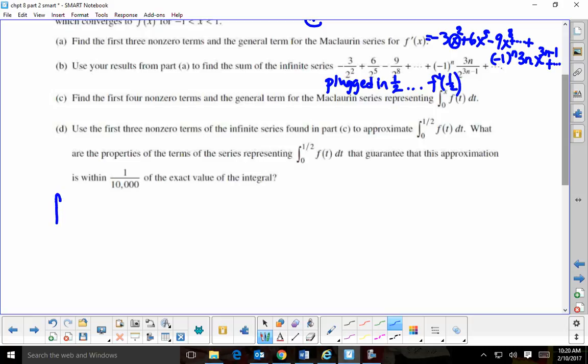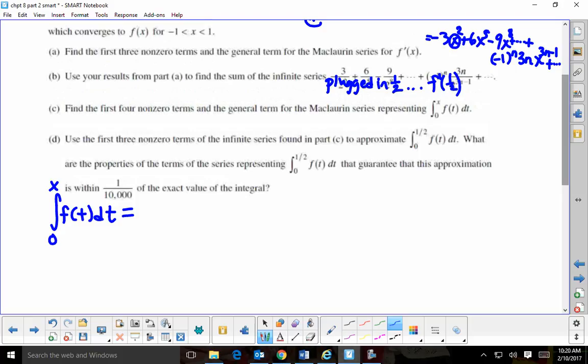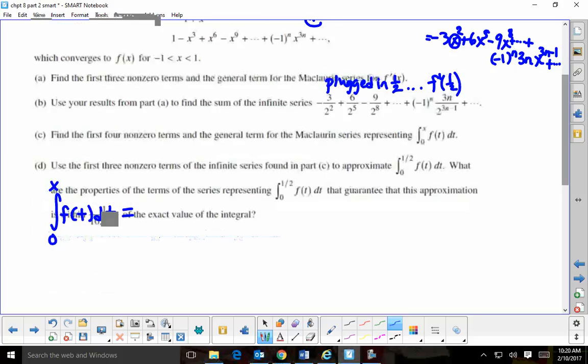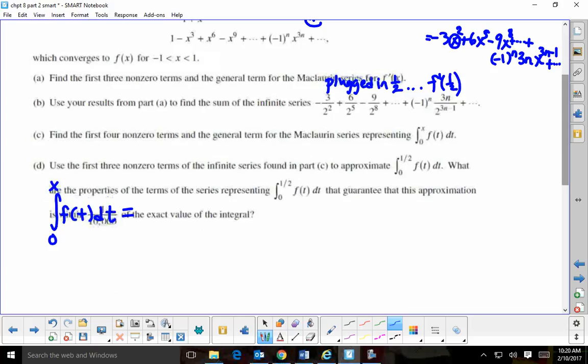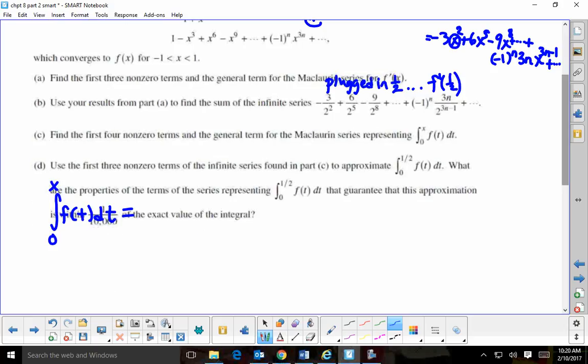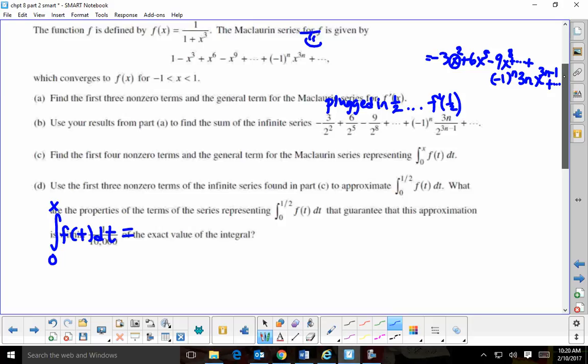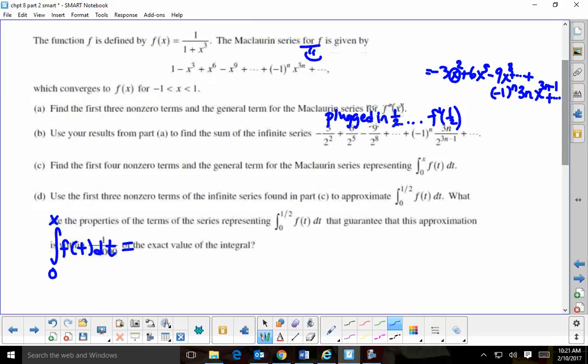So the integral from 0 to x of f of t dt is going to equal, and remember, if we're integrating or deriving and we're given term by term, it's easier to go term by term. But they're plugging in what instead of x's? They're plugging these guys to be t's. So let's go ahead and go term by term.